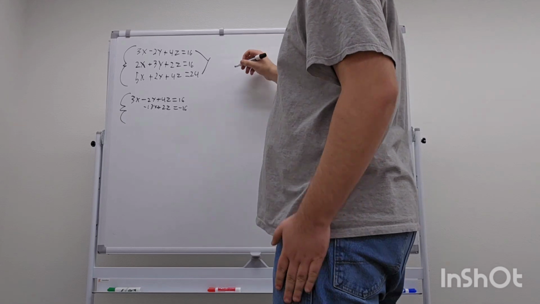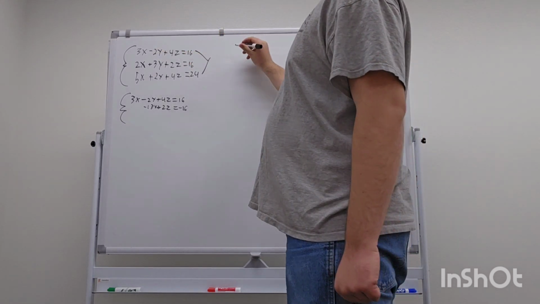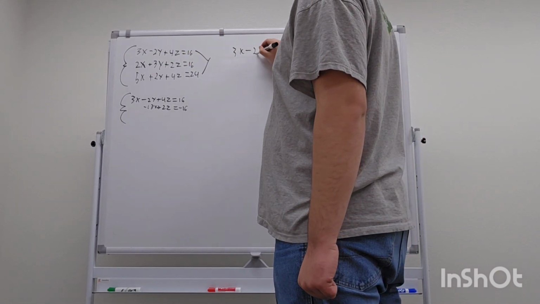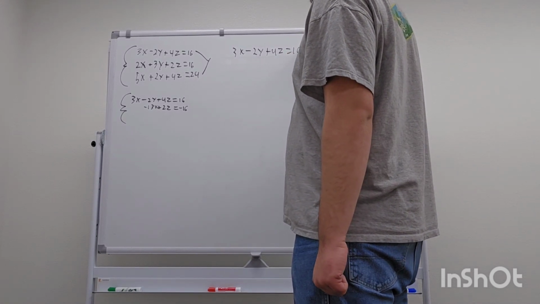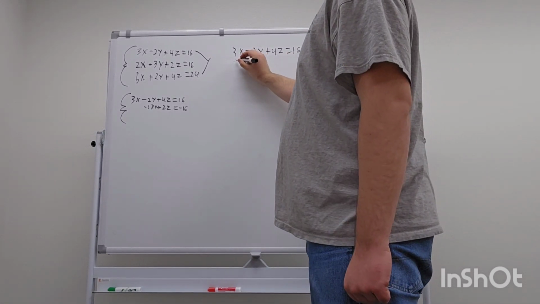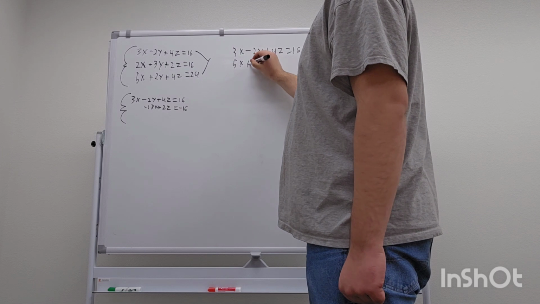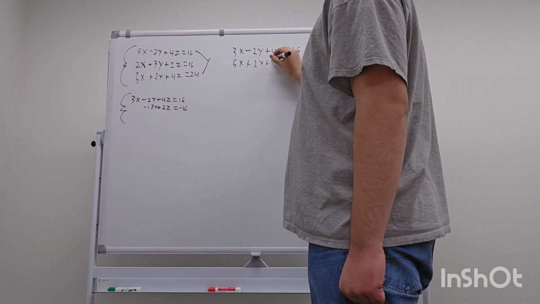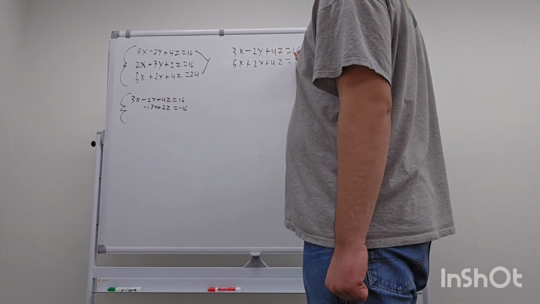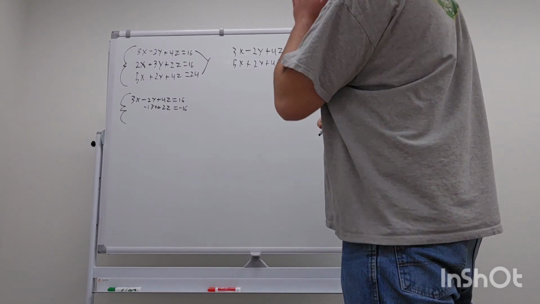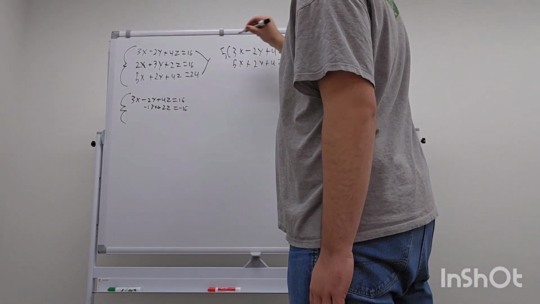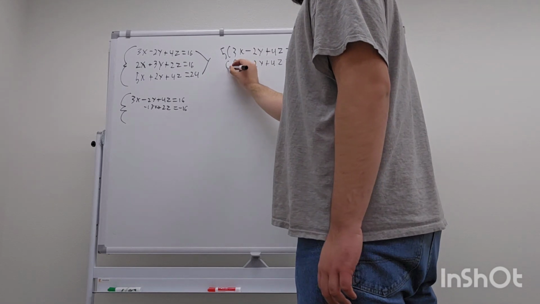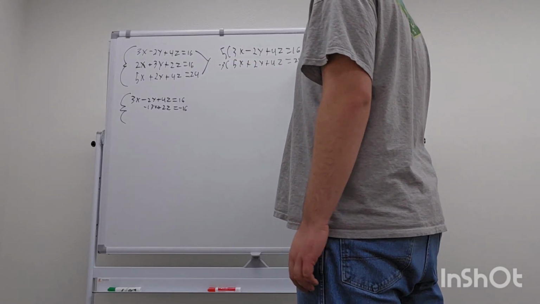So we're going to take 3x minus 2y plus 4z equals 16 over 5x plus 2y plus 4z equals 24. Now, we're going to do the exact same thing here. We're going to multiply the top by 5 and the bottom by -3.